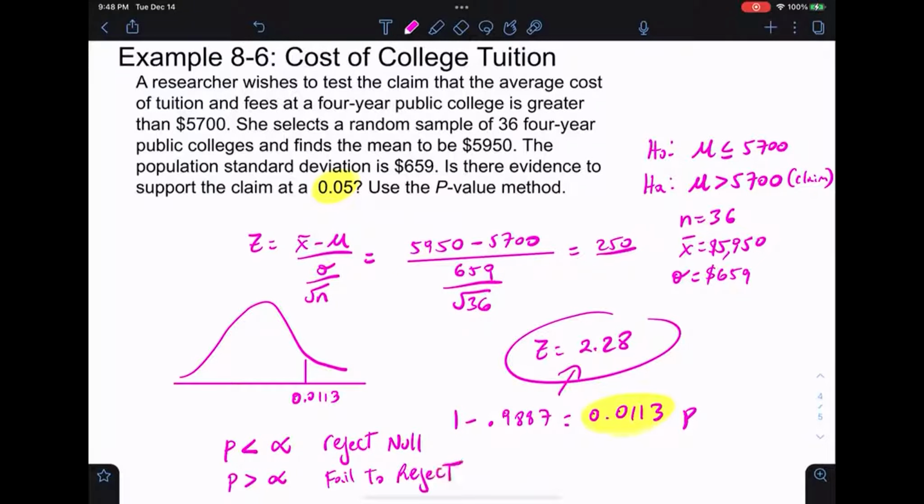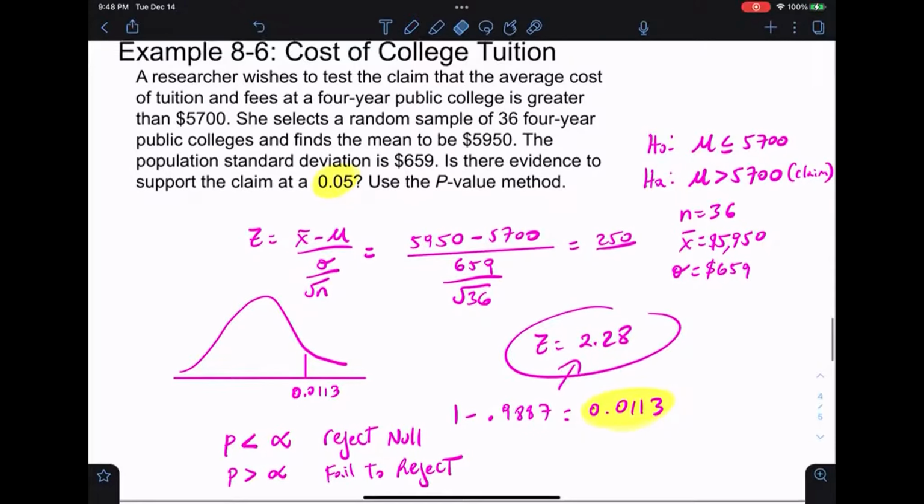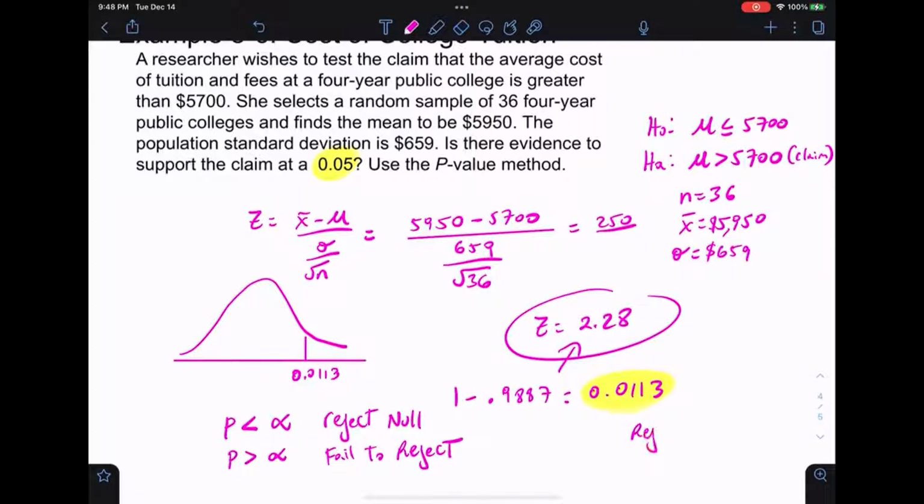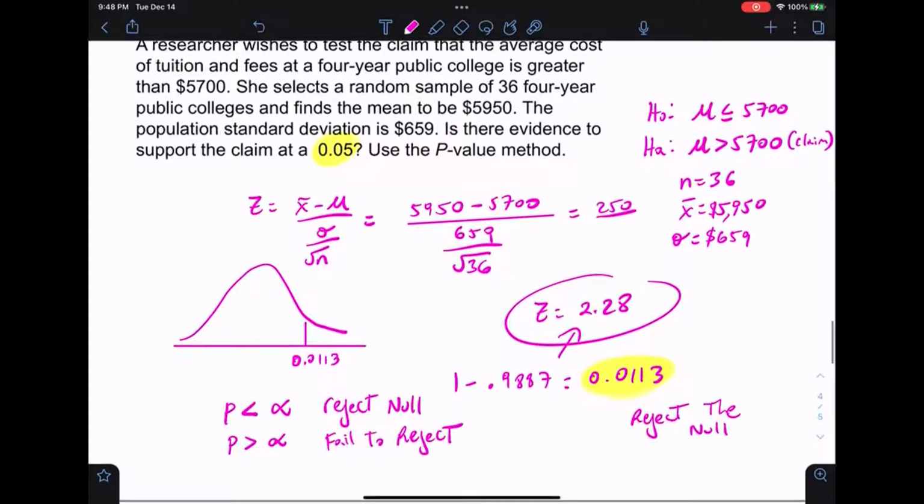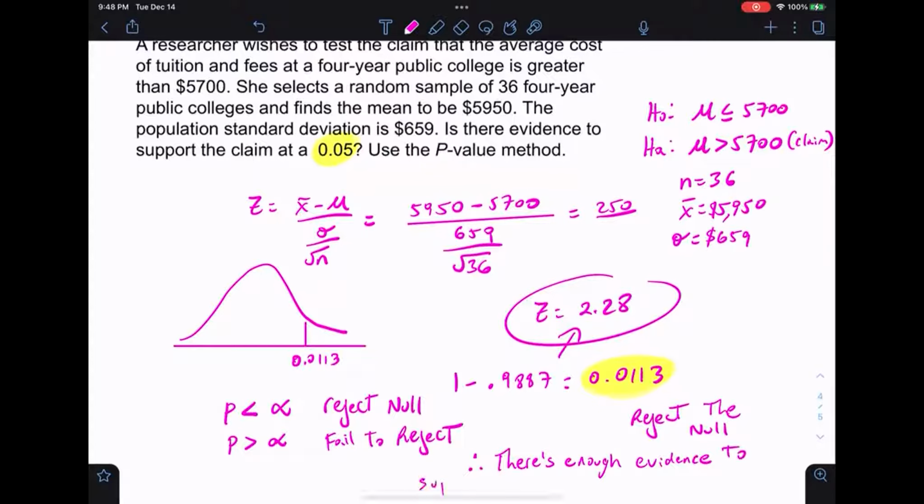In this case, the p-value is less than alpha, therefore we reject the null, and there's enough evidence to support the claim.